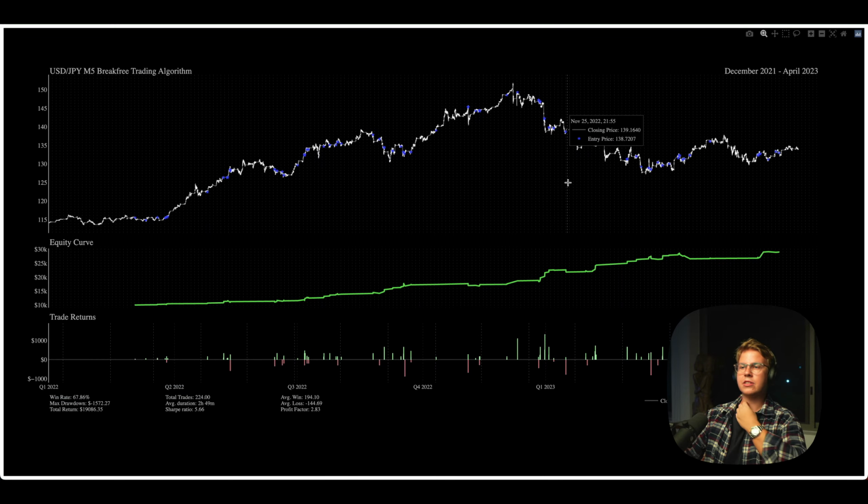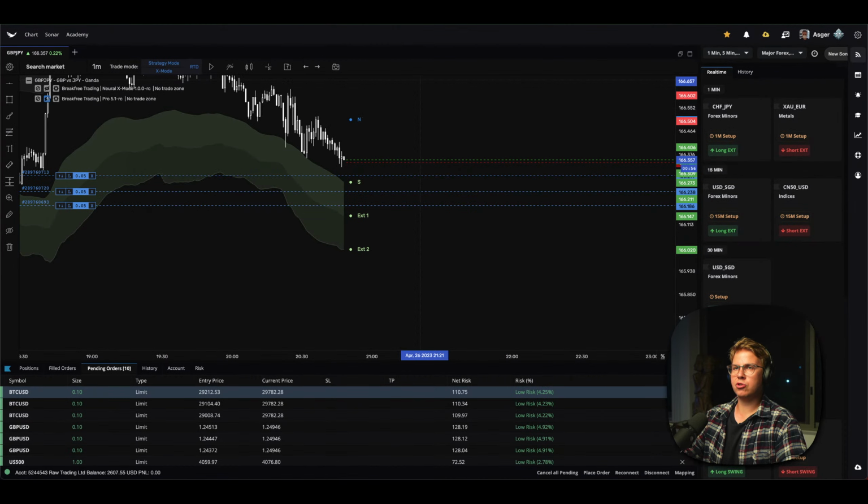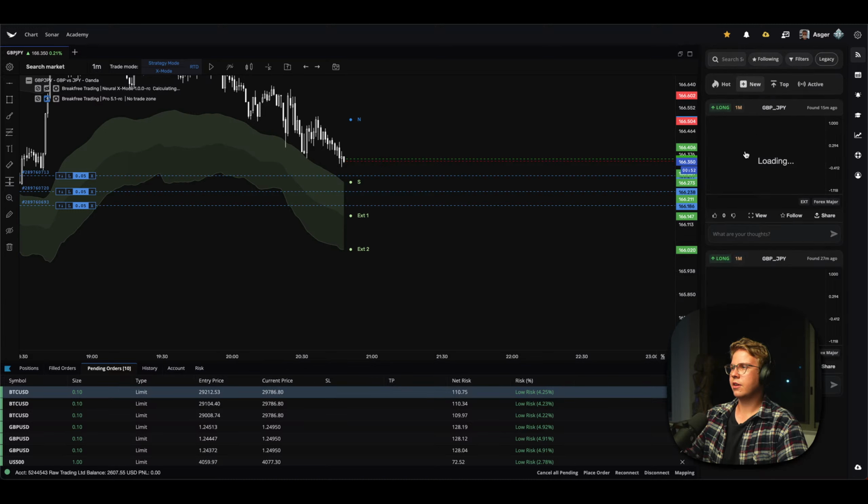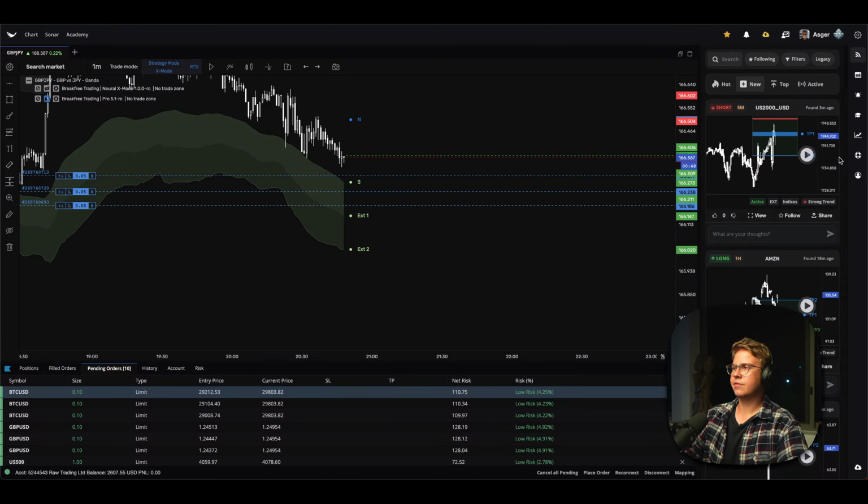These trades you saw in the backtest are done with the existing 1.7 to 1 ratio. So it has stop loss. Don't worry, this is just like a normal Sona trade, just like these.